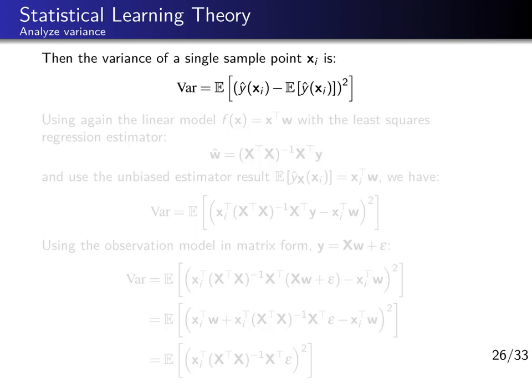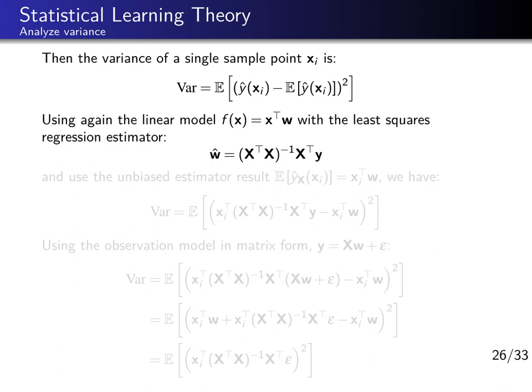Let us do the same analysis for the variance of linear least squares estimators. So for a single data point xi, the variance is the expectation value of the individual model prediction at xi and the mean model prediction squared. Now again, if we use the linear model, f of x is x transpose w, with the least squares regression estimator that we have already shown in the last slide.